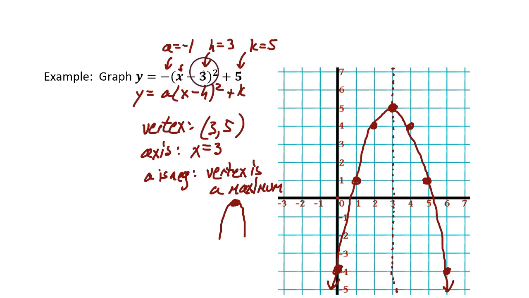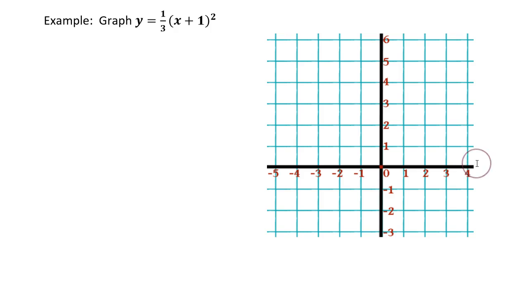So the values of h and k get you started by finding the vertex. The value of a lets you know whether the parabola is opening upwards or opening downwards like this one does. And you can find other dots on the parabola by squaring values of x and multiplying by the value of a. Let's try one more example where we put all those skills into effect.